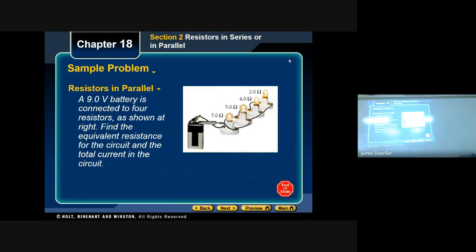So, we have a 9-volt battery connected to 4 resistors in parallel. Find the equivalent resistance for the circuit and the total current in the circuit.